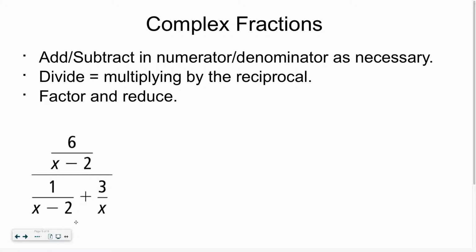Then multiply by the reciprocal, and then factor and reduce. Remember, just like always, your answers must be in simplest form. So you have to do that part where you factor everything and see if anything will cancel out.